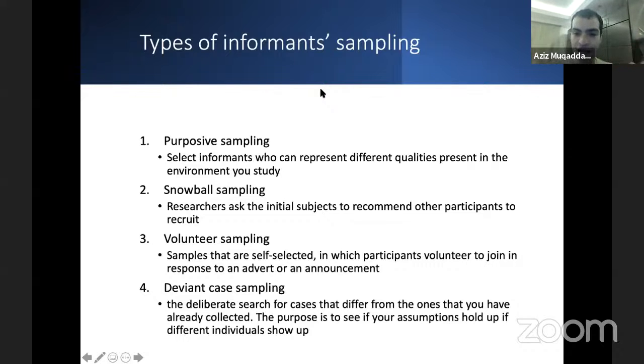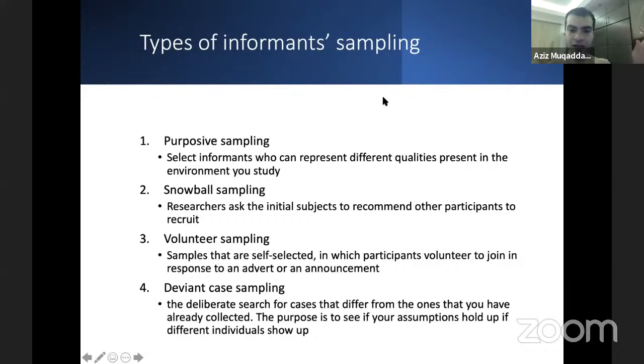You could select people because they represent different groups. So let's say we want to see the experience of students taking research method classes. I could pick 2 sophomores, 2 juniors, and 2 seniors, right? And I'll pick people who are good at asking questions or have good observational qualities. So those are selective, that's why we call them purposive. There's a purpose by the researcher which made them select or sample those specific participants or informants, right?